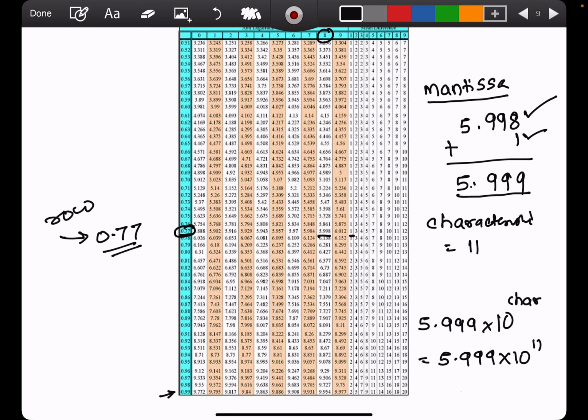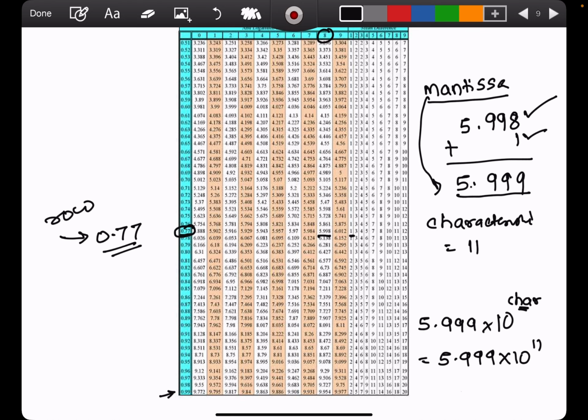So 5.999 is the mantissa value, and then you multiply by 10 raised to the characteristic, and you will get 5.999 into 10 raised to 11. So this is how you find the antilog of the equation.